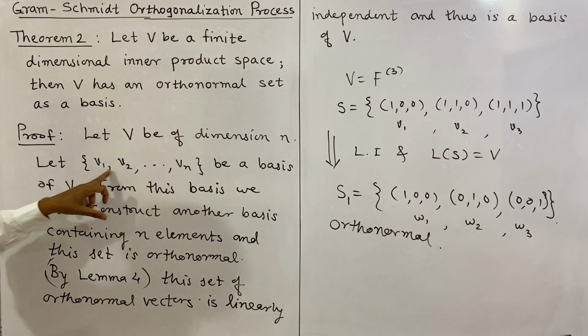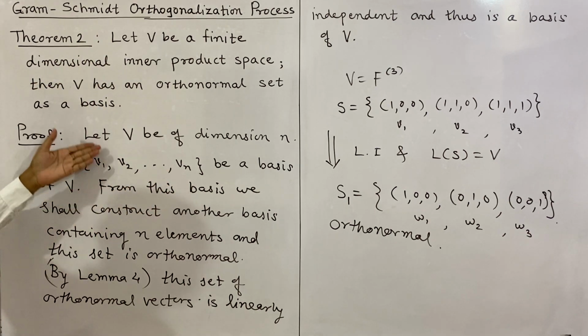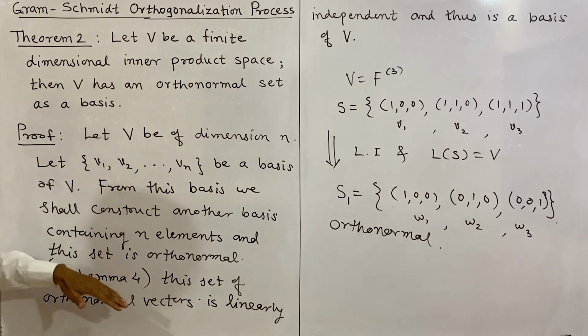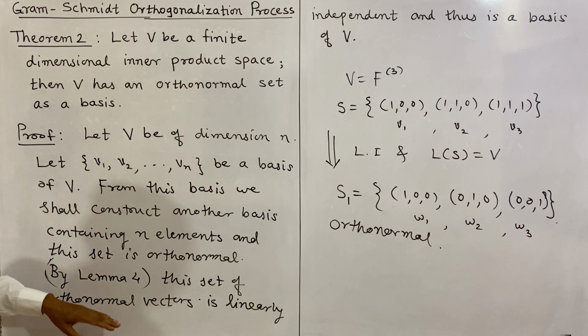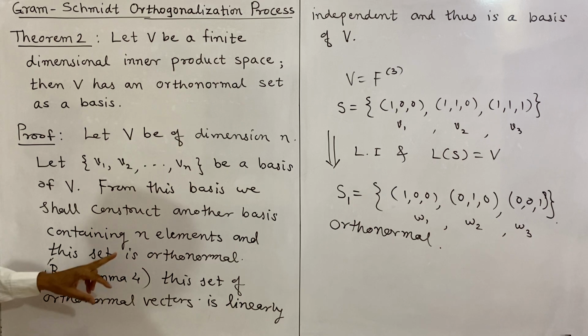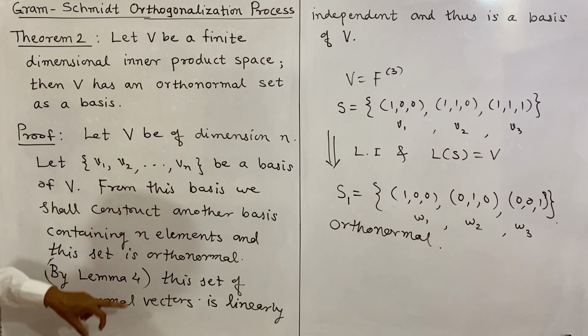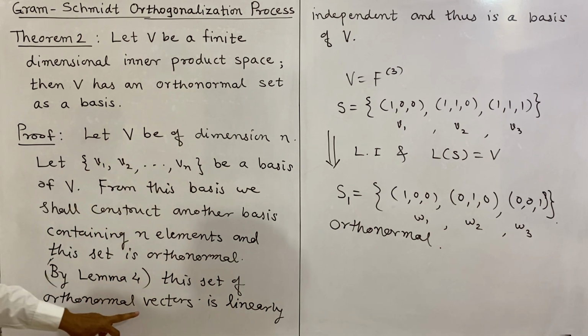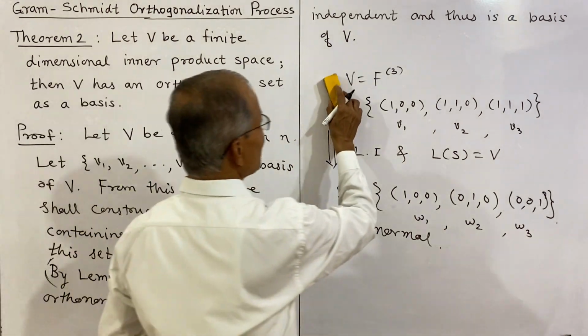So, this is the given basis. From this we convert these vectors into orthonormal vectors, and again these n orthonormal vectors will be linearly independent and they will form the basis required.